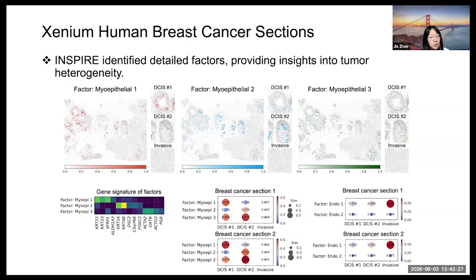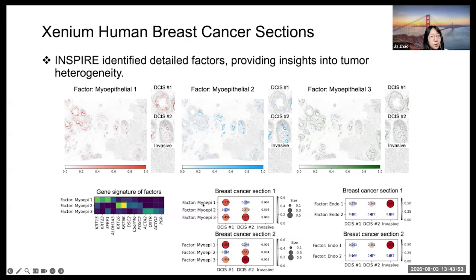Interestingly, we find there are 3 distinct factors. If we use enrichment analysis on these markers, they all correspond to the myoepithelium. Interestingly, they show different patterns of gene signatures, and they also show different colocalization patterns spatially.